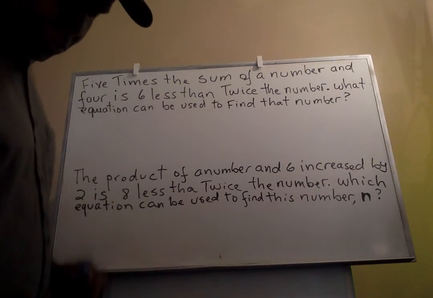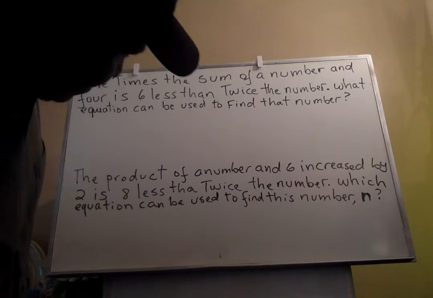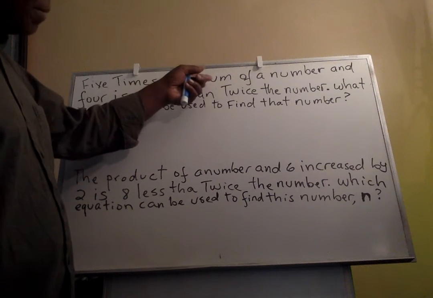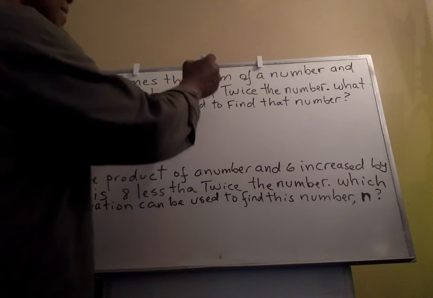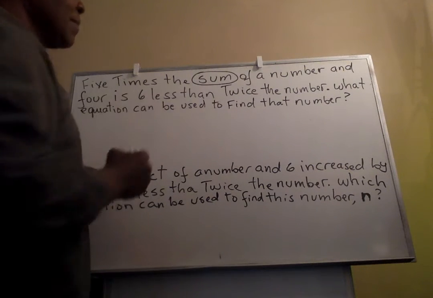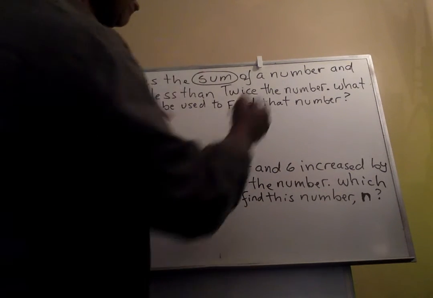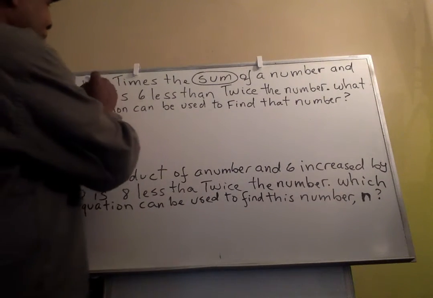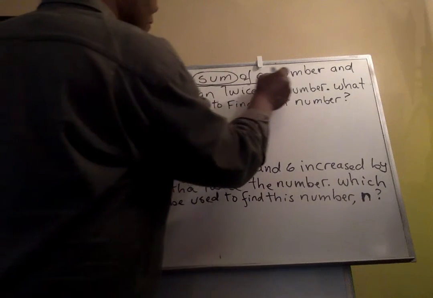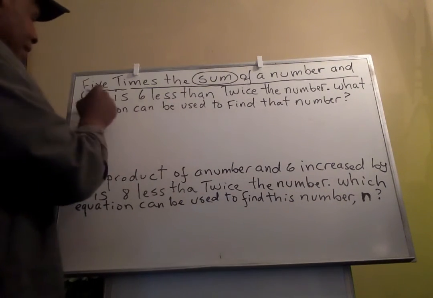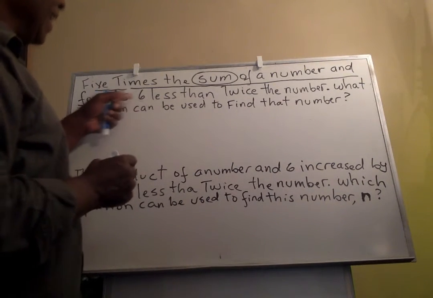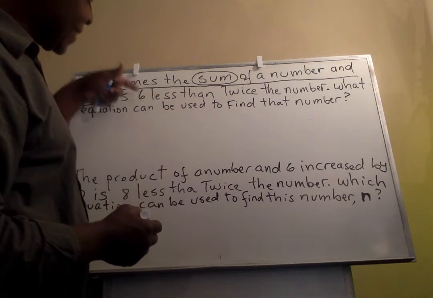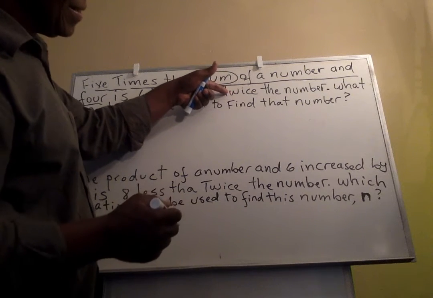5 times the sum of a number and 4 is 6 less than, there goes that special one, less than, twice the number.